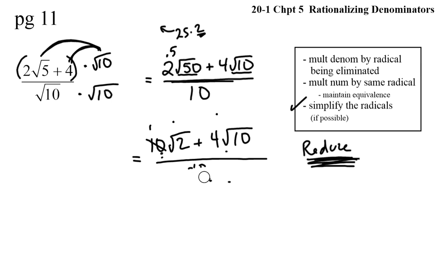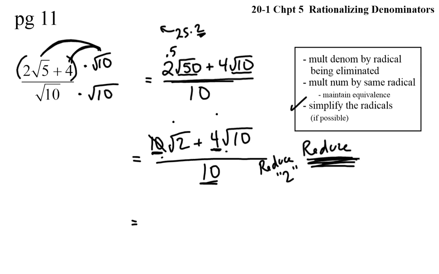In this case, we have a 10 and we have a 10, but we also have the 4 we have to deal with. So we have a 10, we have a 4, and we have a 10. The biggest thing that all those terms will reduce by is just a 2.